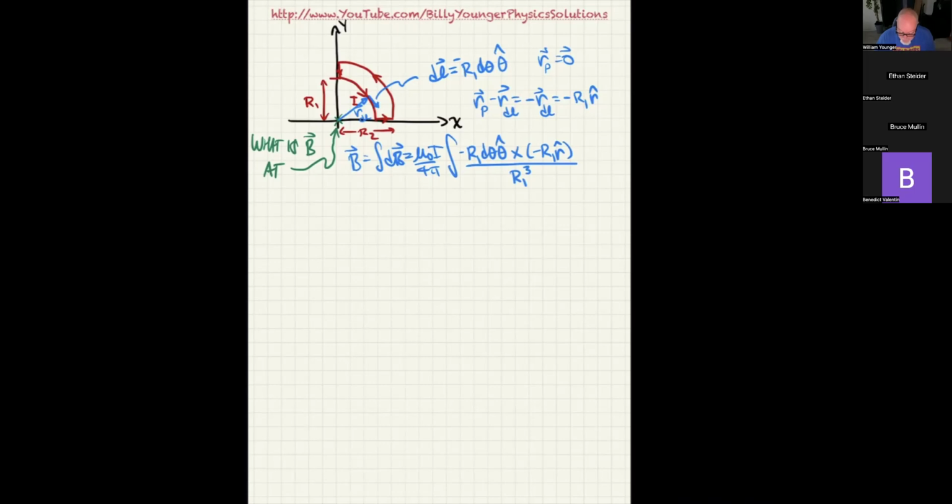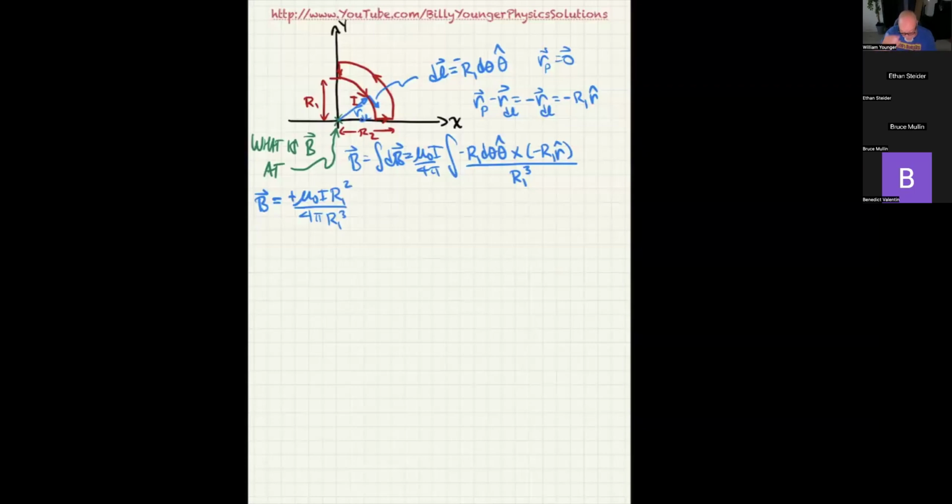So when I do theta hat cross R hat, something happens here. I'm going to pull out some of these constants. I'm going to say the negative mu 0 I, and this is R1 squared. Actually, notice there are two negatives, so I'm going to make that a positive. And then all of this is divided by 4 pi times R1 cubed.